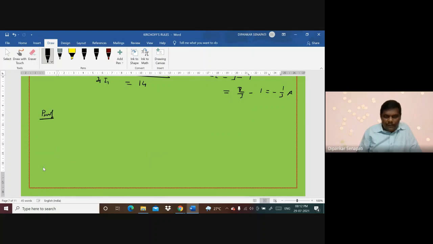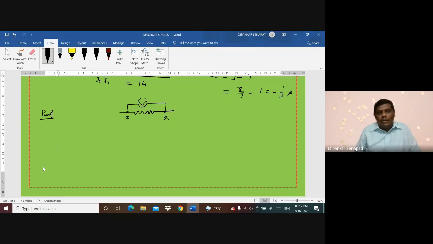How can we justify it? Here is the proof of Kirchhoff's second law. Potential difference depends only on 2 points. We always talk about potential difference between 2 points.